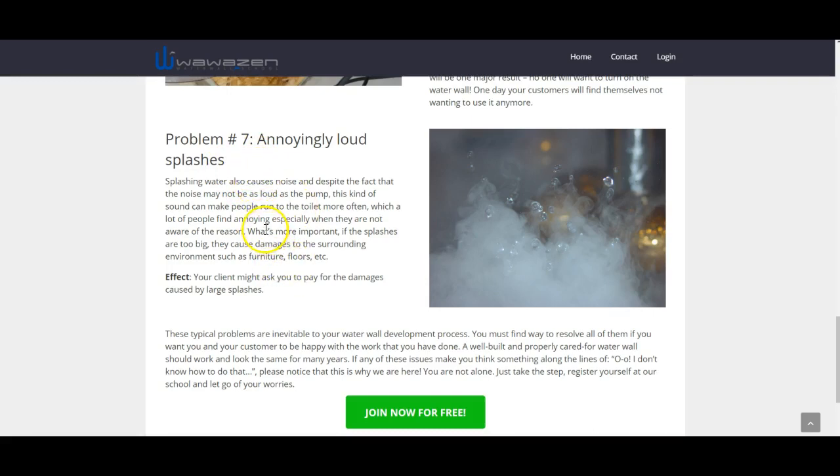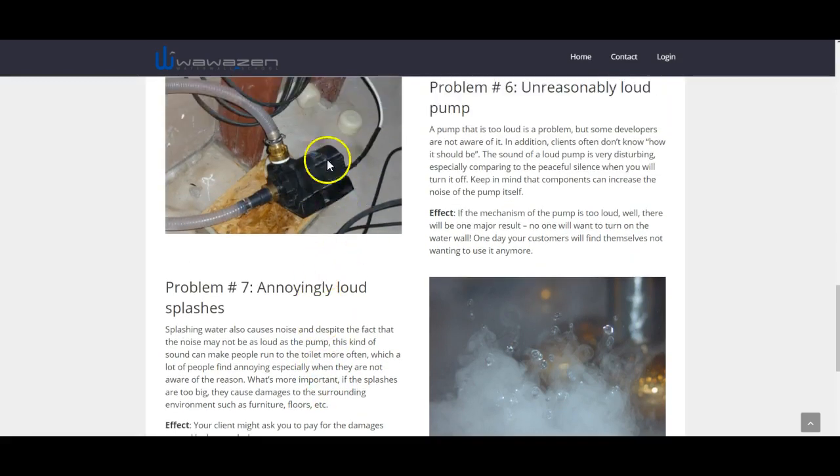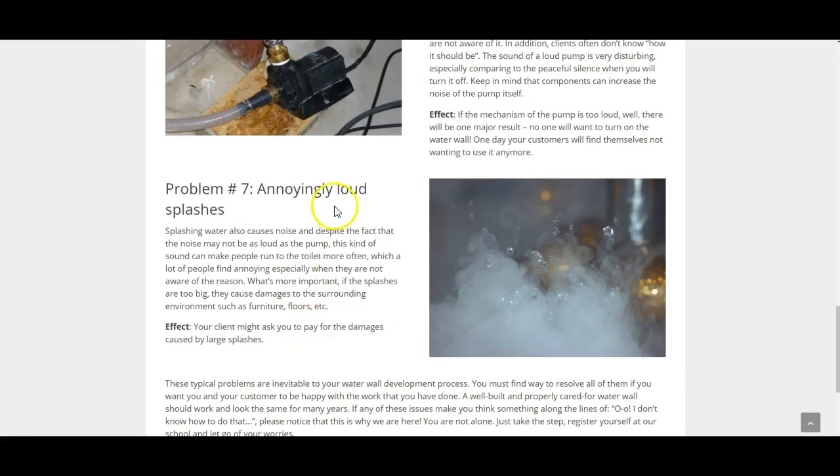By the way, it's not only because they're loud, they also can cause water damages, because if water is permanently dropping out of the system, your water feature is going to get empty soon, and if there's no water anymore in the system, then your pump gets dry and damaged. So preventing splashes is a very important factor, and this is what you should consider before you start planning and constructing your water wall or water feature.